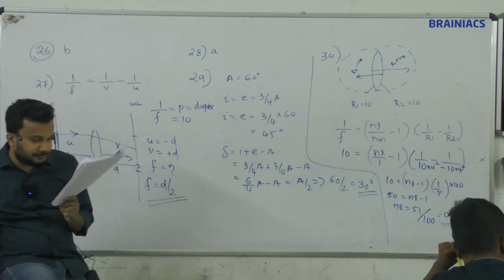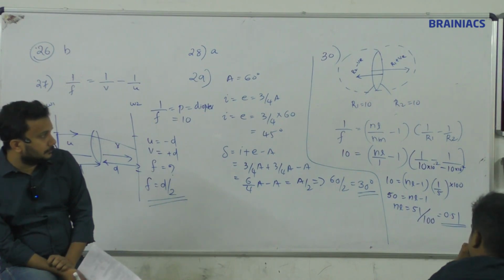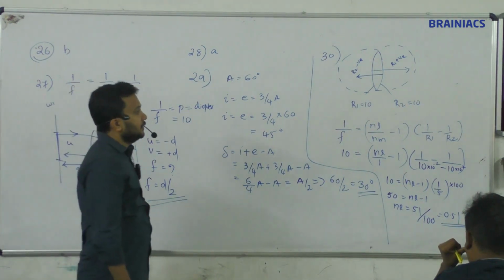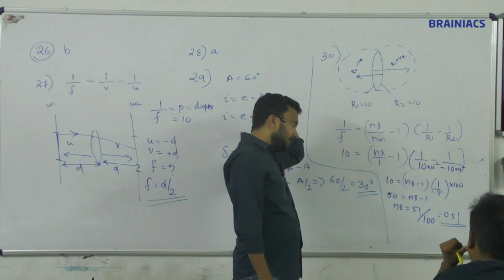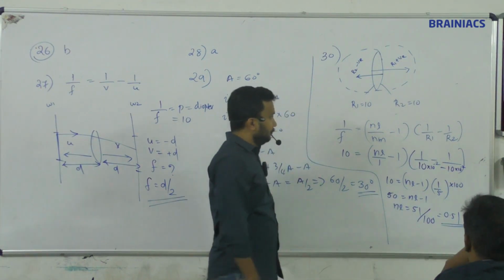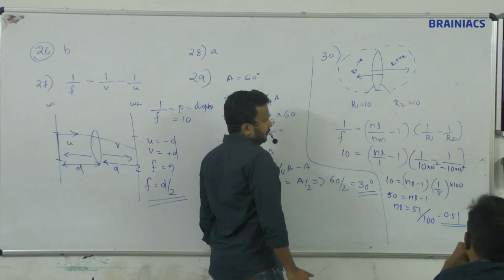3 by 2 is 1.5, 10 centimeters, right? If I take 10 power minus 2, 100 goes on top, centimeters, 100 goes on top. So it comes 1.2. How? Where did I make the mistake? 1 by 5. Which one?